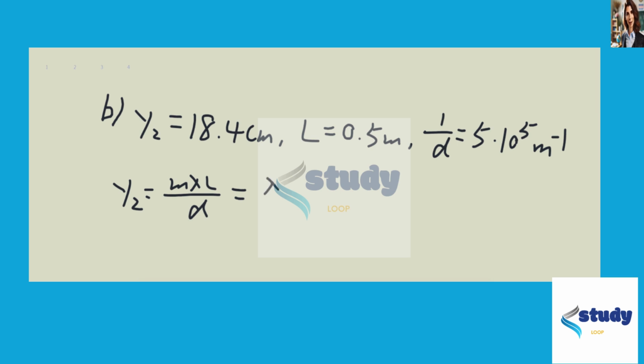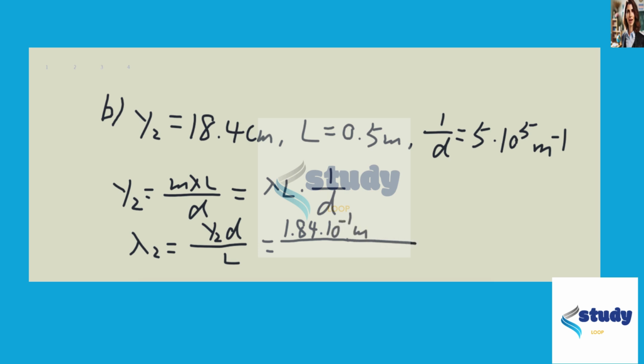So just lambda L times 1 over D. And it will give us lambda 2 for this case simply equal to y2 D divided by L, which is 1.84 times 10 to the negative 1 meter, because 1 centimeter is 10 to the negative 2 meter.